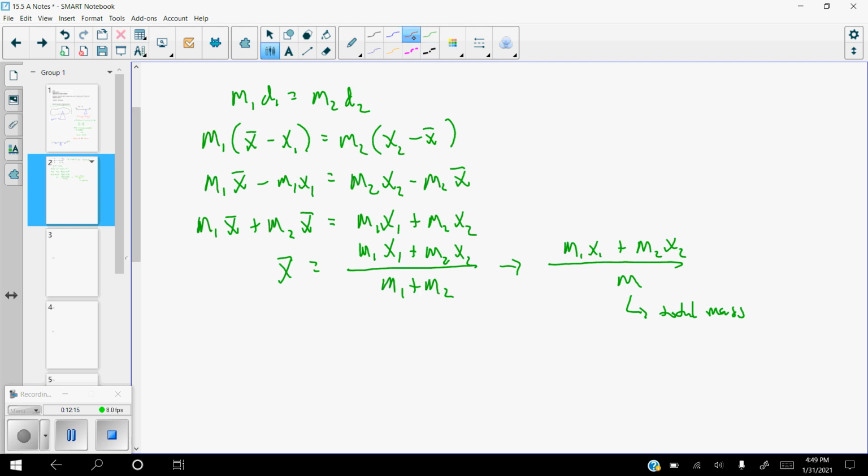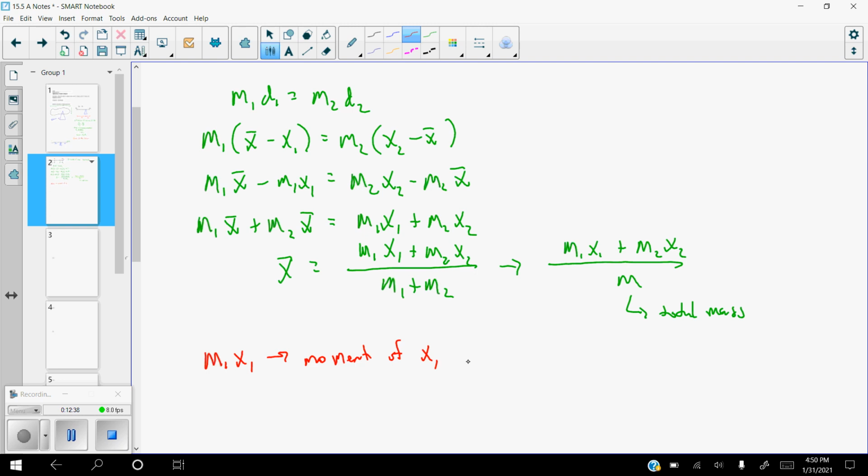Now let's give a little bit better definition to what the M1 x1 actually is. M1 x1 is what is actually called the moment of x1. What does that mean? What's a moment of x1?